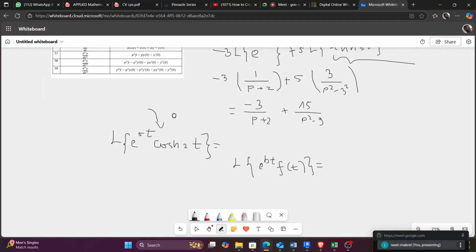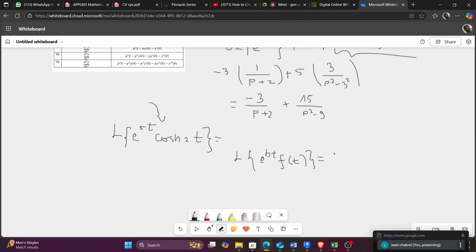So, the first property says it is F. When you see an F like this, it simply means the solution with p minus b. Anyway, let's solve this problem here using the first property, step by step.